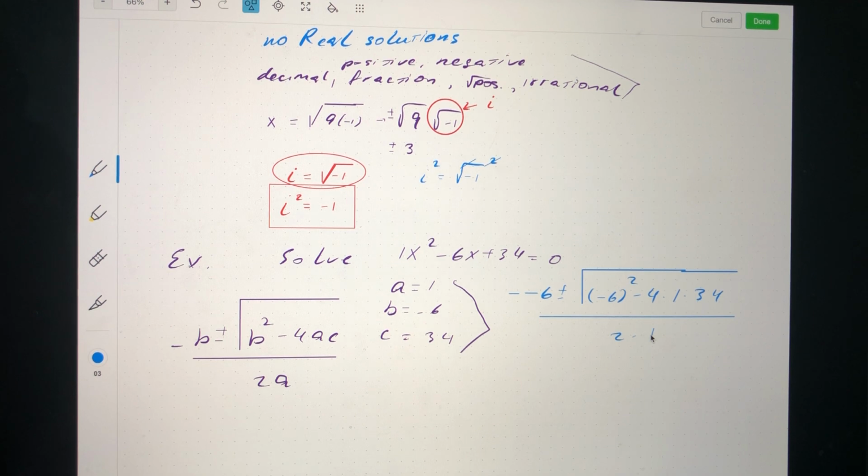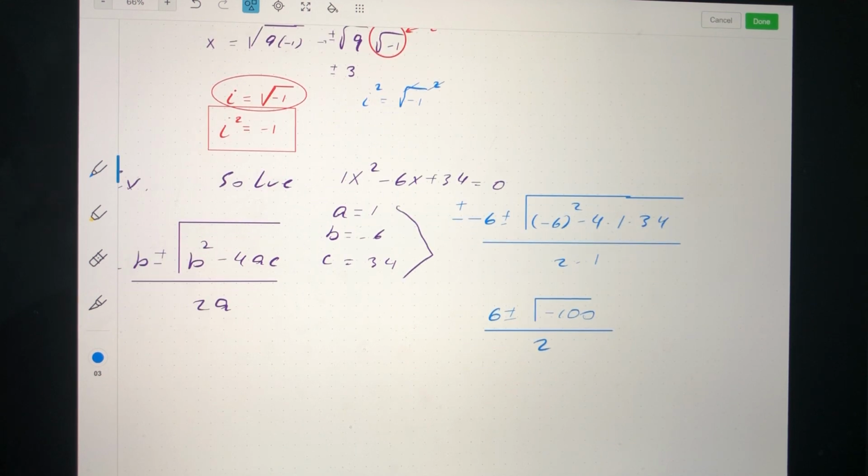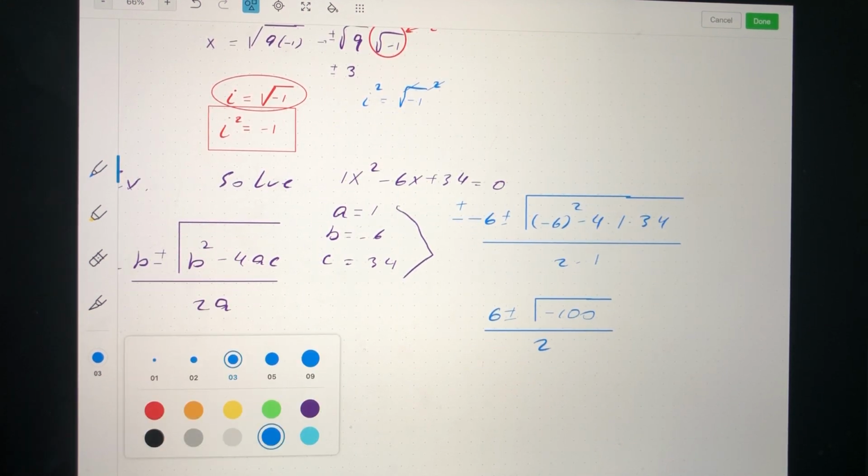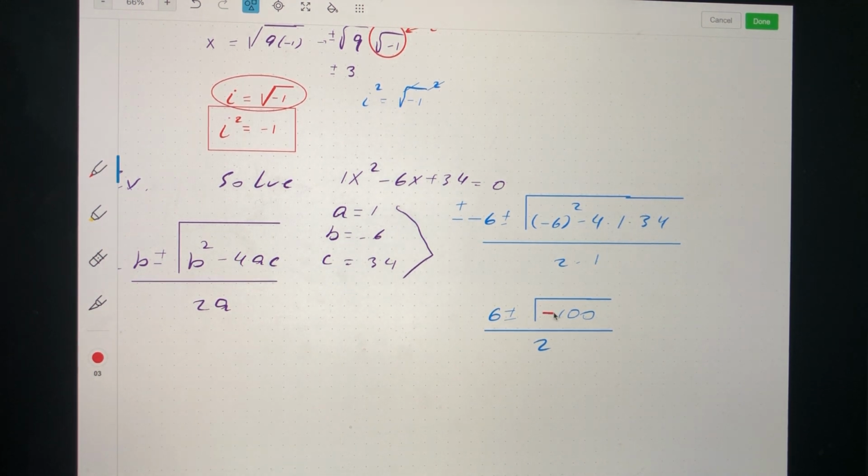That makes the square root of negative 100, and then two negatives make a plus, so we have 6 plus or minus the square root of negative 100 divided by 2. And now we know that the square root of a negative is going to be an imaginary number.